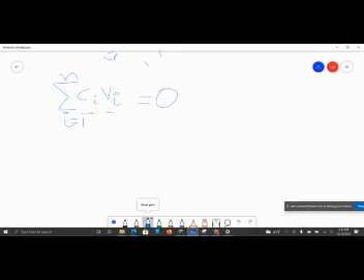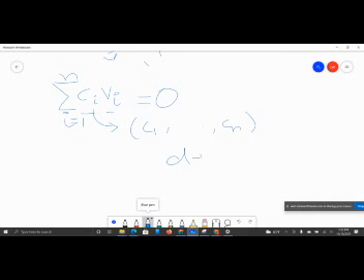In particular, the general formal way we understand this is something called a dependence relation. We say that this sequence of coefficients or constants, C1 through Cn, is a dependence relation on this sequence of vectors V1 through Vn. Let me just write that down: dependence relation.